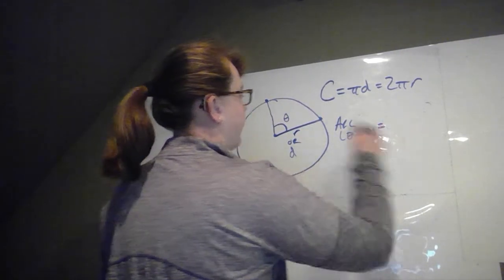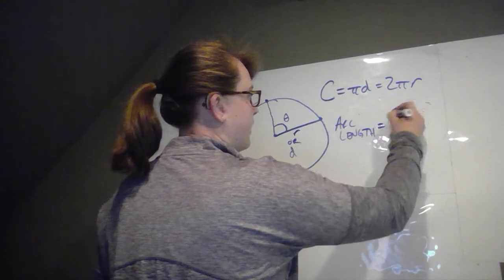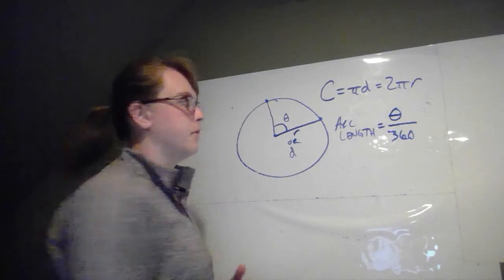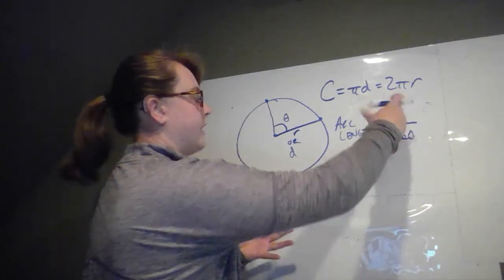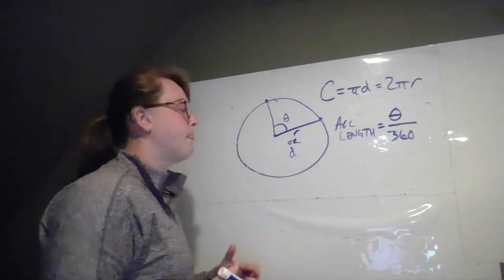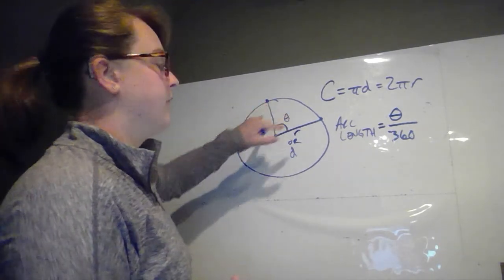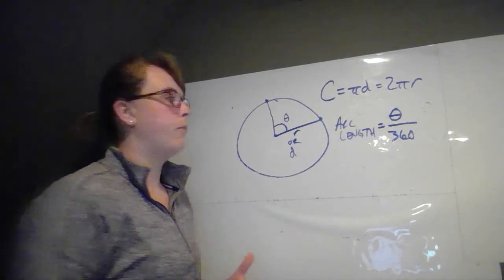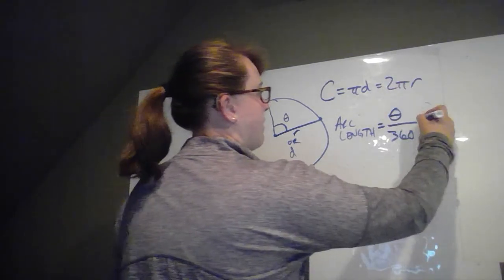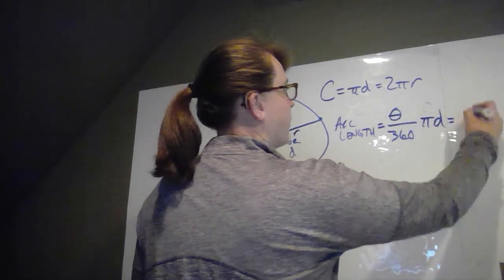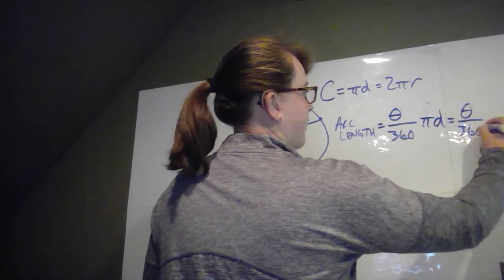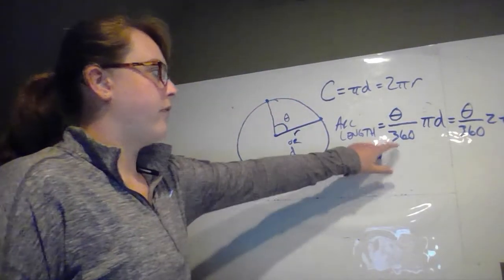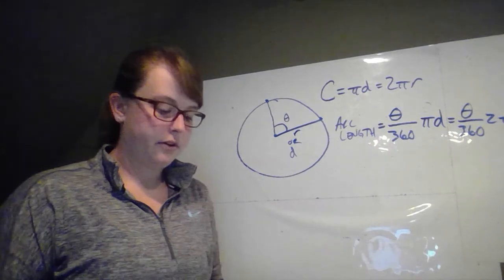If I take the angle of my arc and divide it by 360, since there's 360 degrees in a circle, that's the fraction of the circle that angle covers. And so that would be the fraction of the circumference that I want. So you can either have it times pi times diameter, or times 2 pi r. Either way, you're going to take that fraction and multiply it by your circumference.